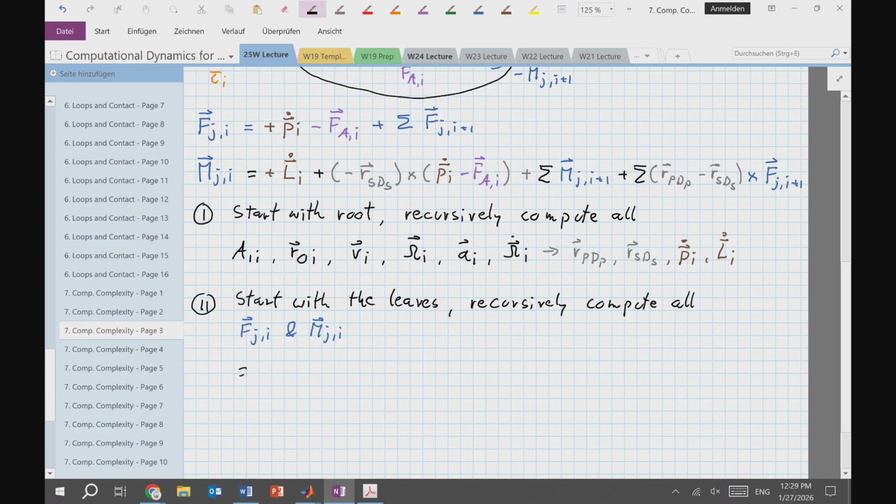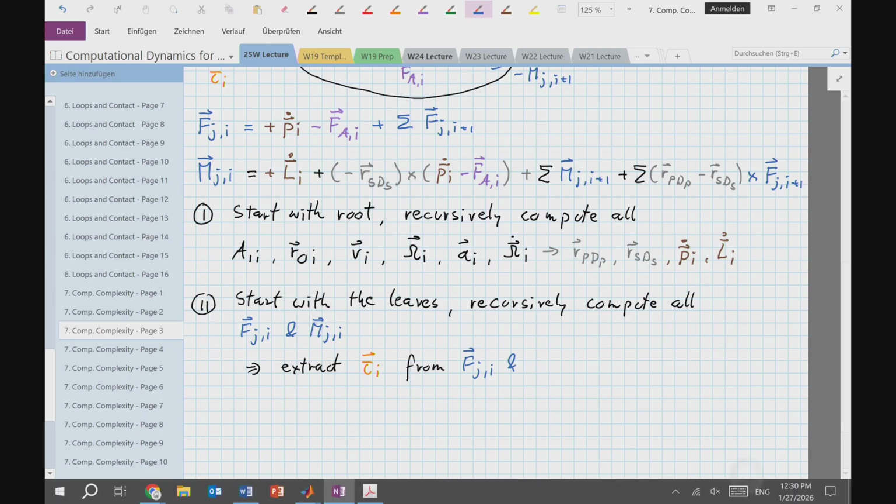And along the way, right, as we compute Fji and Mji, we can now extract tau I from these joint quantities. That's the step where I'm skipping the math here, but you can imagine that this is a projection that involves our joint Jacobian. I have these 6-dimensional quantities, and I project them with the joint Jacobian down into the motion primitive of this joint.